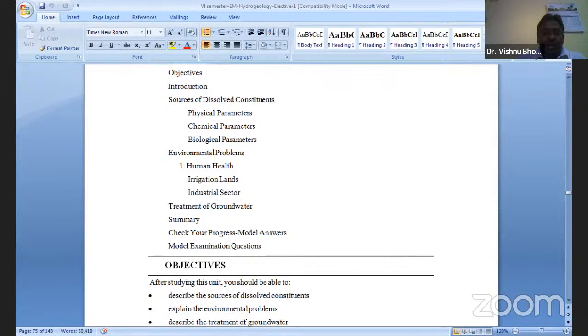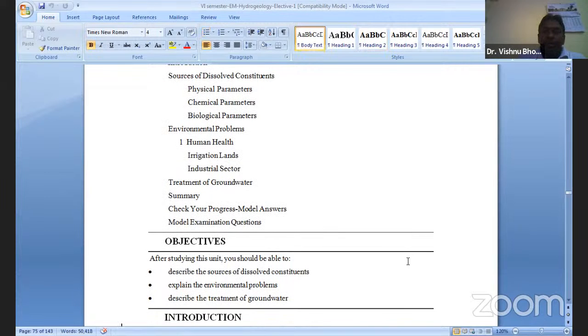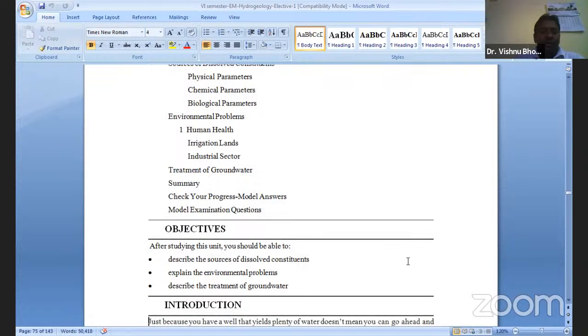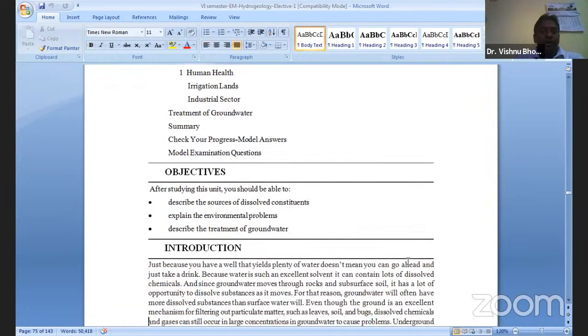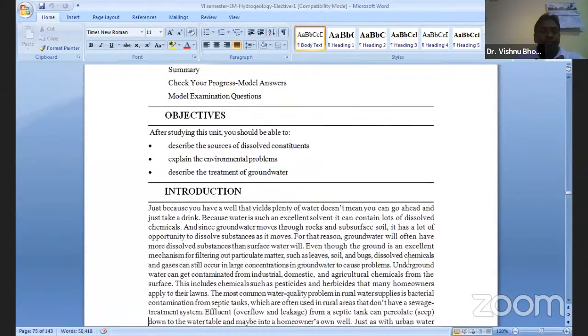Those are the physical parameters, chemical parameters, biological parameters, and environmental problems related to human health, irrigation, the industrial sector, and treatment of groundwater.